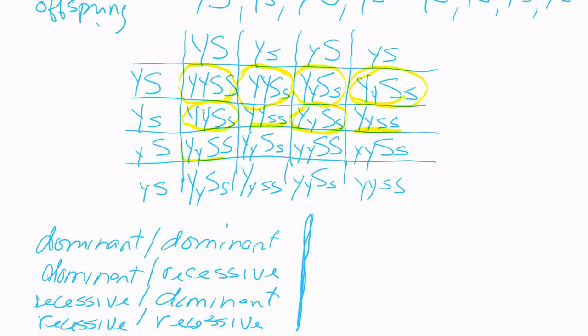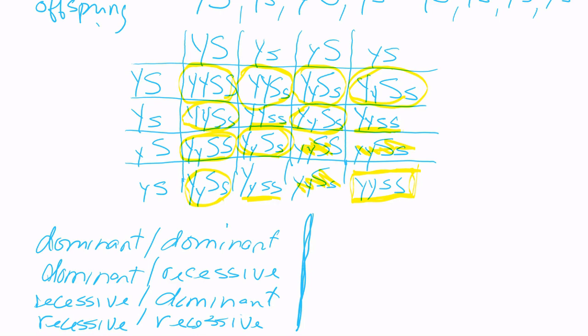Here we've got a dominant and a dominant, another dominant and dominant. But here we've got one that's recessive and dominant. And here's another one that's recessive and dominant. And then we've got a dominant and a dominant, a dominant and a recessive, and then a recessive and a dominant, and finally we end up with one here, which is recessive and recessive.